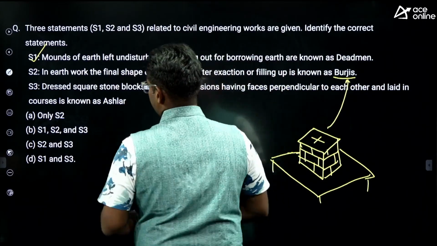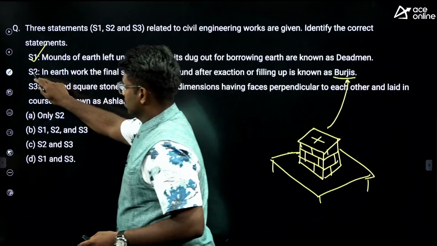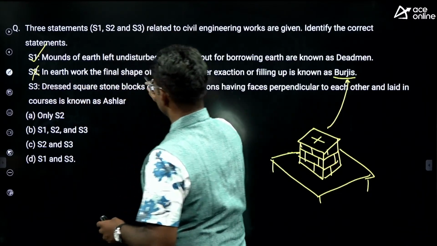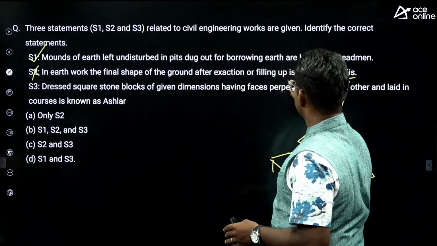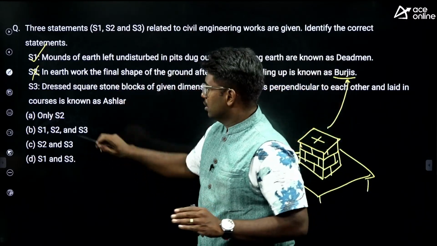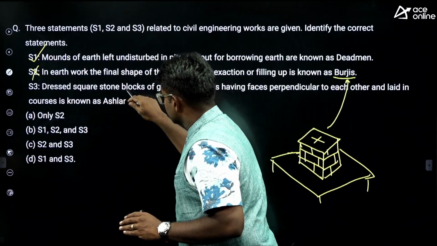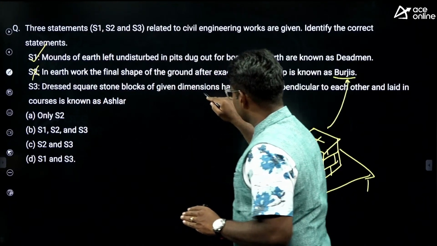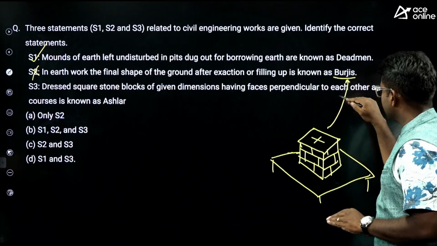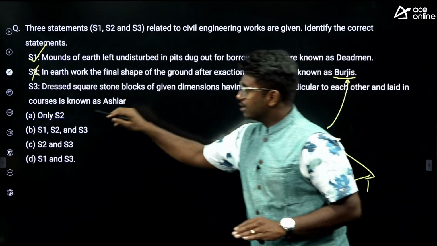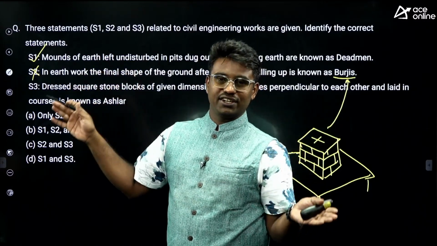Right. Actually, this is the wrong one. The earthwork's final shape of the ground after excavation or filling up is known as burgess. This is the wrong one. Dressed square stone blocks of given dimensions have faces perpendicular to each other and are laid in courses, known as ashlar.